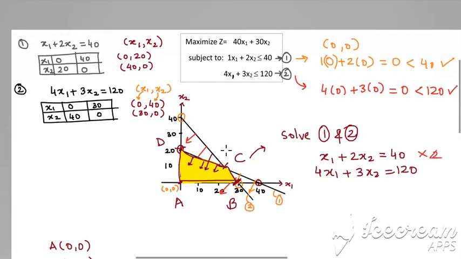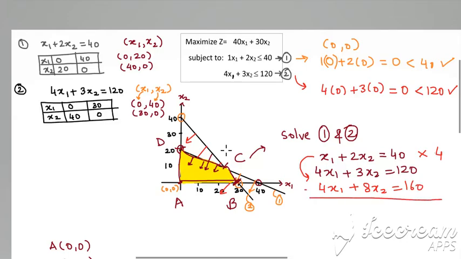Since we want to make one coefficient the same, if we multiply the first equation by 4, it will become 4x1 here and also 4x1 in the other, and we can subtract to get the value. So when we multiply this with 4, it will give you 4x1 plus 8x2 is equal to 160.